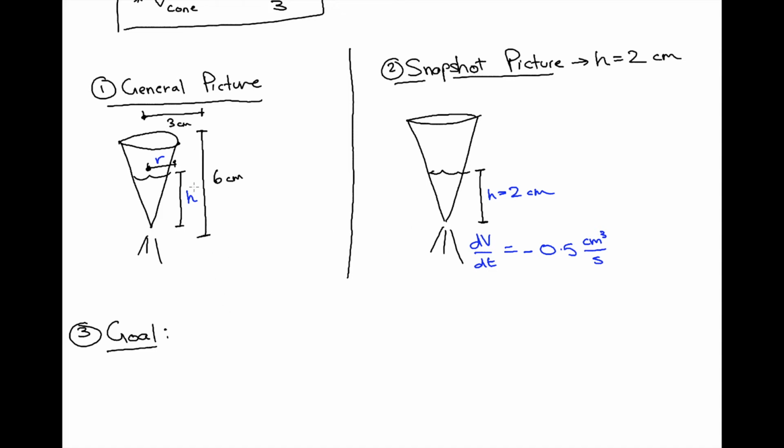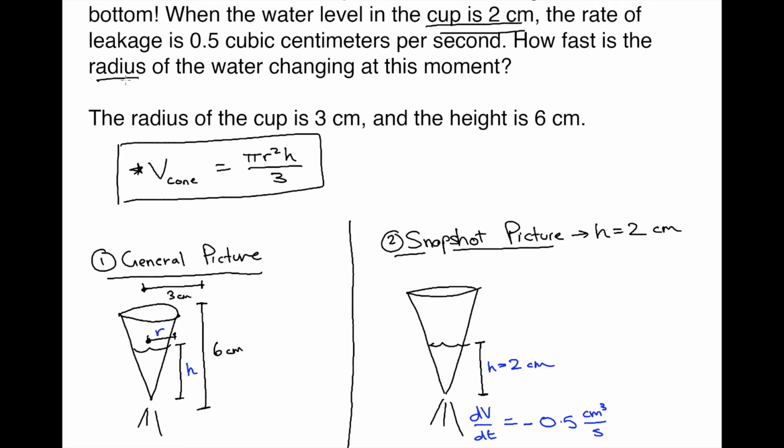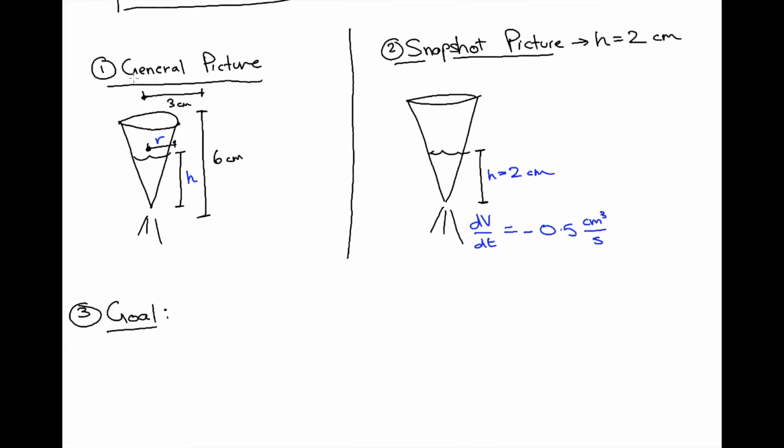In this case, I'm interested in how the radius is changing, so my goal is to find dr/dt at the specific instant when h is equal to 2 centimeters.